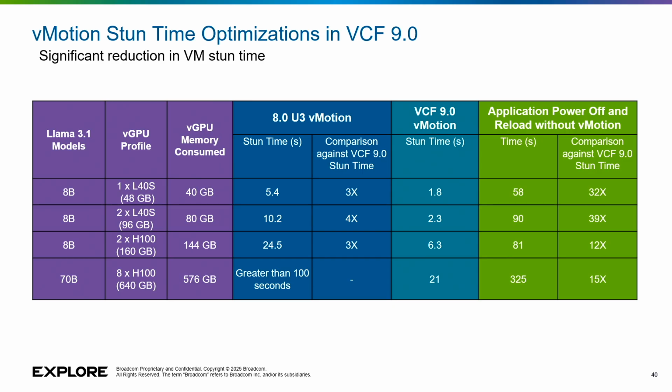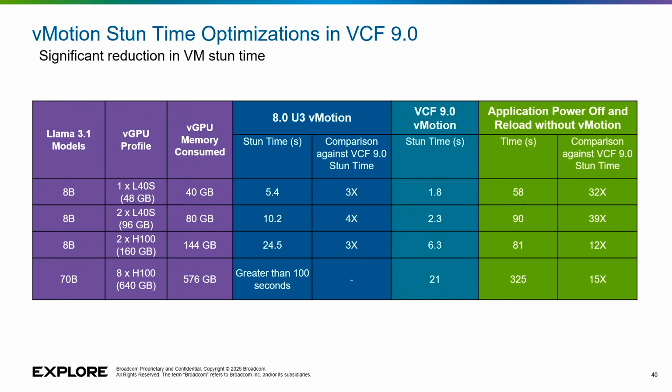8.x. 3 times less time in stun means your application is stopped for 1/3 the time that it used to be. And the astonishing number on this picture is the last row. That's a 70 billion model running on an 8 H100 HGX card that Sean showed you a picture of just now.